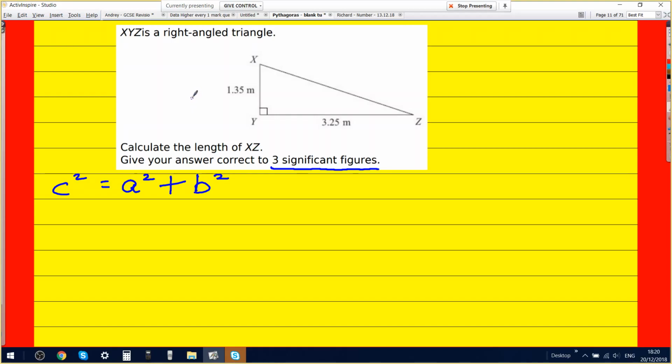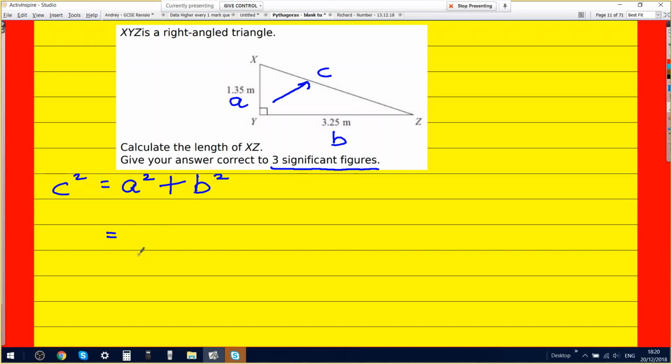There's no C on there, so I'll just call it C. It's the one that we're trying to find, and it's always opposite the right angle. And it doesn't matter which of the other two is which. So I'll just call that one A and that one B. What is A squared? What is B squared? And you can use your calculator.